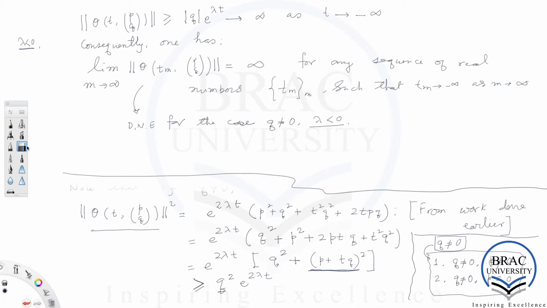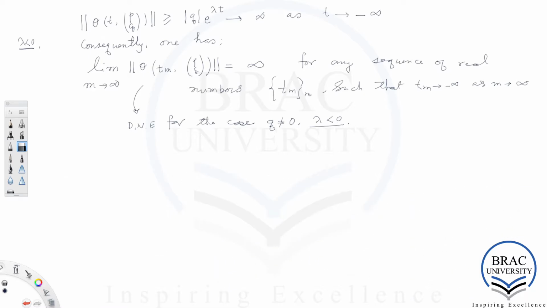Okay, so let me get rid of this part now to consider the case q is equal to 0 and p is not equal to 0. This is the other possibility one can have, right?